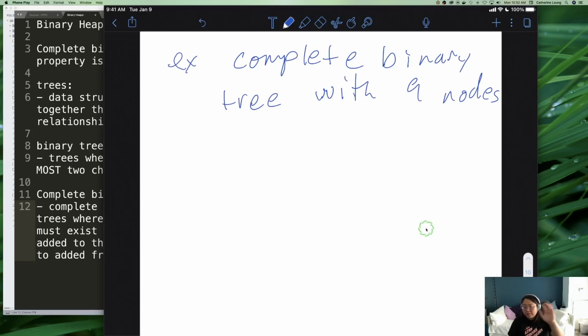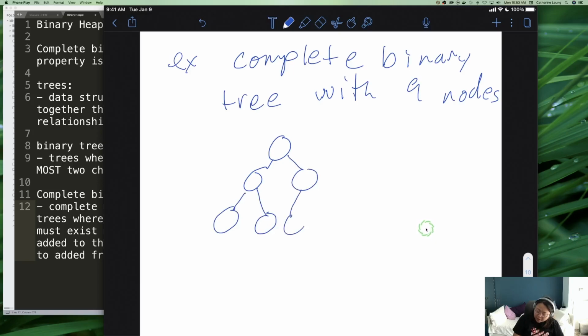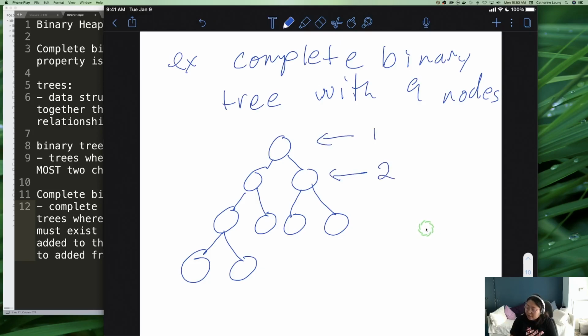Okay, so hopefully you paused and hopefully you already drew this picture. See if you got this answer, okay? 9 node complete binary tree. 1, 2, 3, 4, 5, 6, 7, 8, 9. This is the only correct answer. Now, this level, there was one node. This level, there are two nodes. I have to have them all in before I can go to the next level.